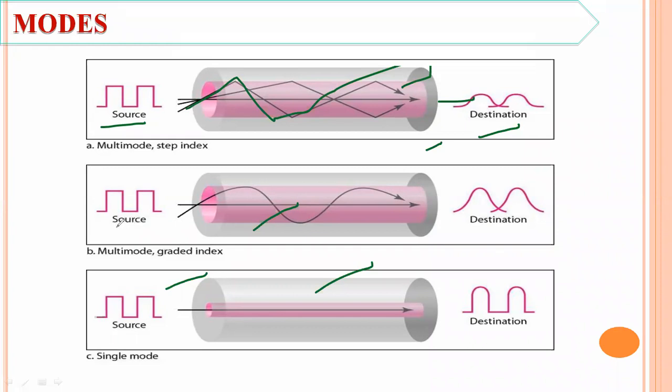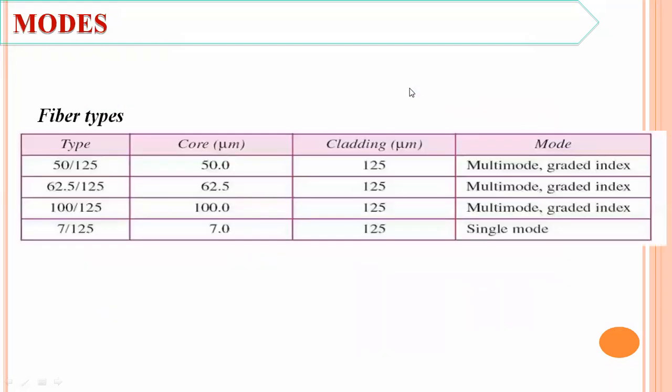Similarly, we have second, graded index, in which the first line is straight and the second is like this, whereas the third, single mode, goes from source to the destination. So these are the fiber types.